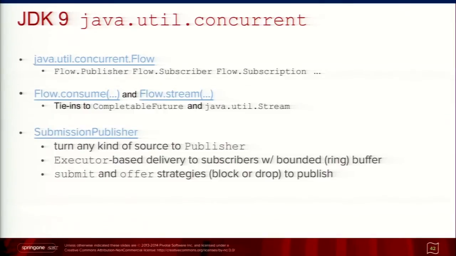It has quite a bit of sophistication, and it offers different strategies for pushing data into the publisher. So it's kind of a bridge between some kind of hot source and a Reactive Streams pipeline where you can pass events. And of course, if you have multiple subscribers, it has to deal with what happens if they cannot all take the data at that time. But that's really what it's about.